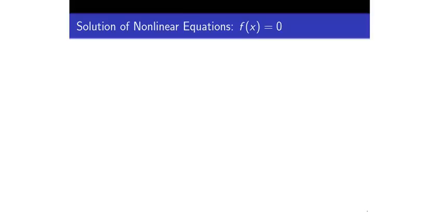So, in the last two lectures, we tried to see how machine numbers are represented in a computer, what types of errors are present there, such as rounding, chopping, and so on, and how you get the polynomial approximation for a given function f in terms of series expansion.